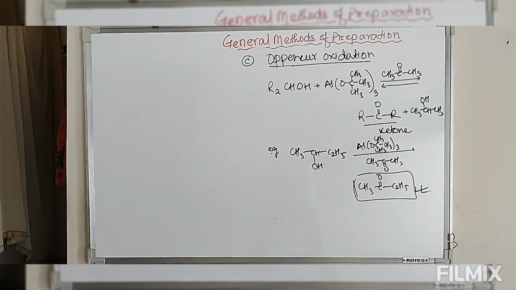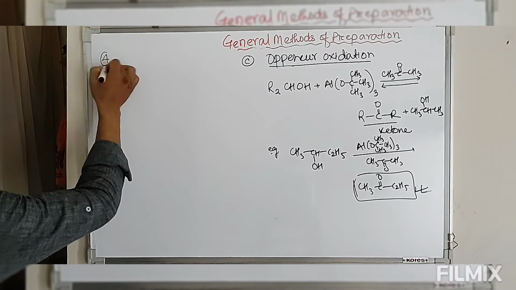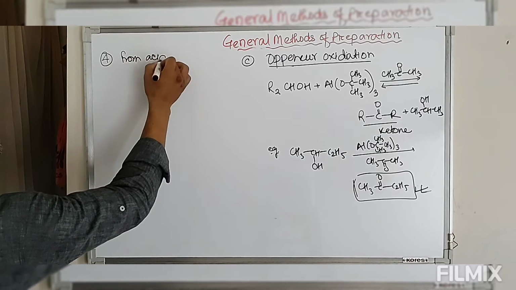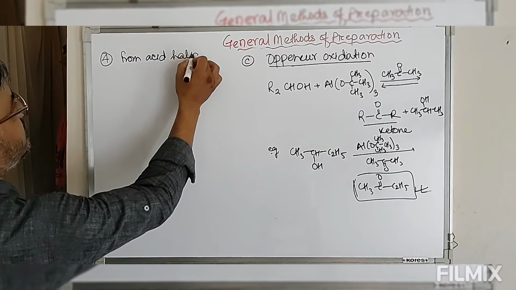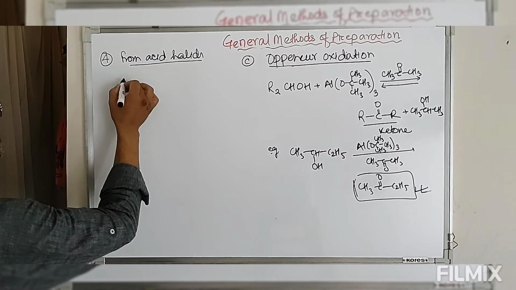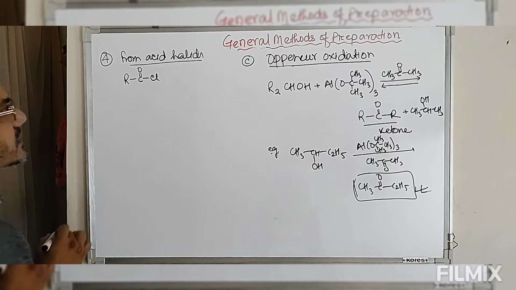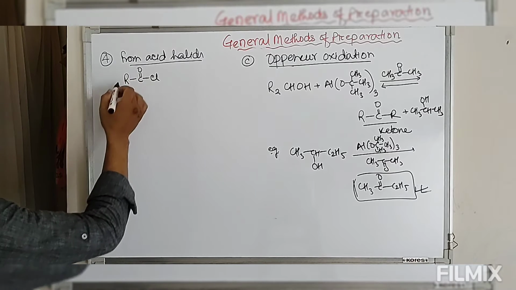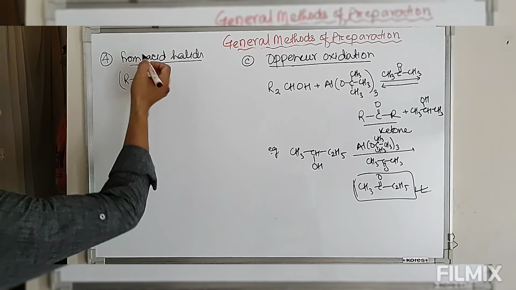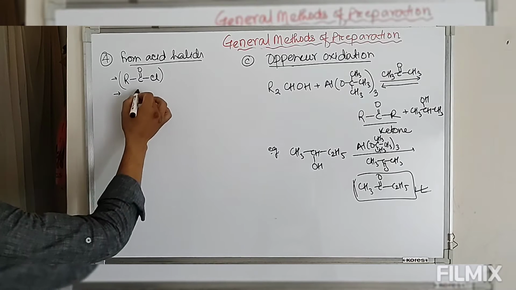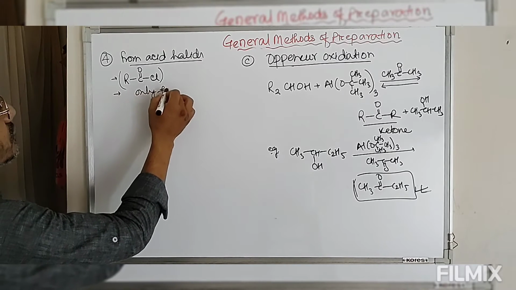Now the fourth method is from acid halides. This is what we call an acid halide. This is specific only for aldehydes.